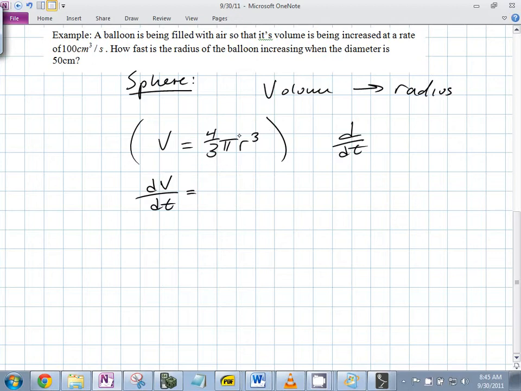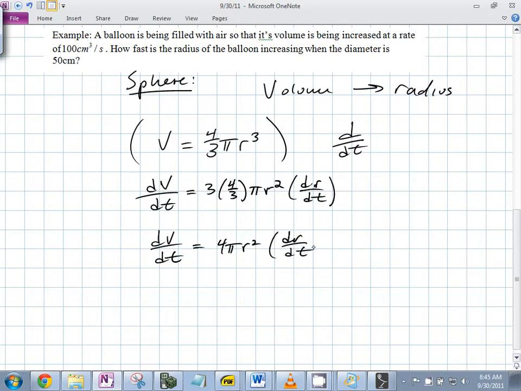So it's going to be 3 times 4/3 pi r squared times dr/dt. Exactly. So what does that simplify to? dV/dt, the change of volume with respect to time, is equal to 4 pi r squared times dr/dt.